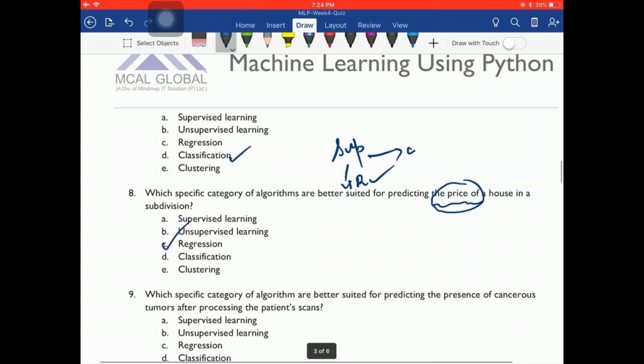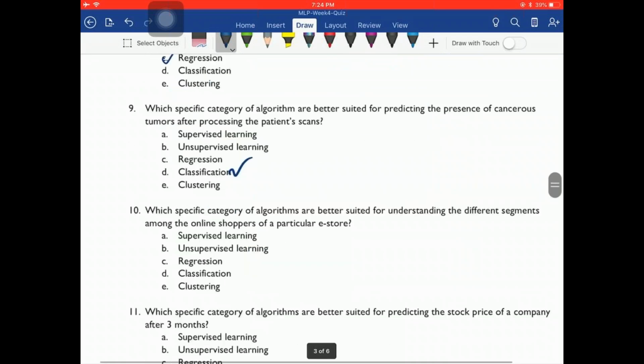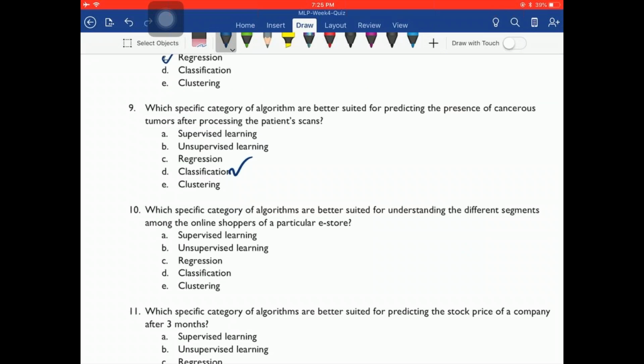Which specific category of algorithms are better suited for predicting the presence of cancerous tumors after processing the patient's scan? That will be classification. Excellent. Which specific category of algorithms are better suited for understanding the different segments among the online shoppers of a particular e-store?